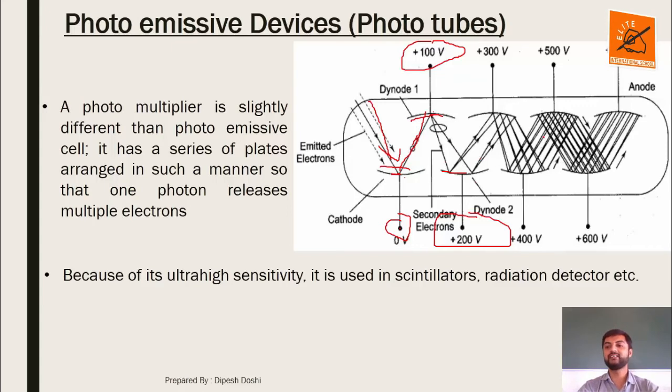Like this, continuous multiplication of electrons will occur. This type of mechanism is called a photomultiplier tube. It is ultra high sensitive, and because of that it is used for measurement of radiation, and it is also used in scintillators.